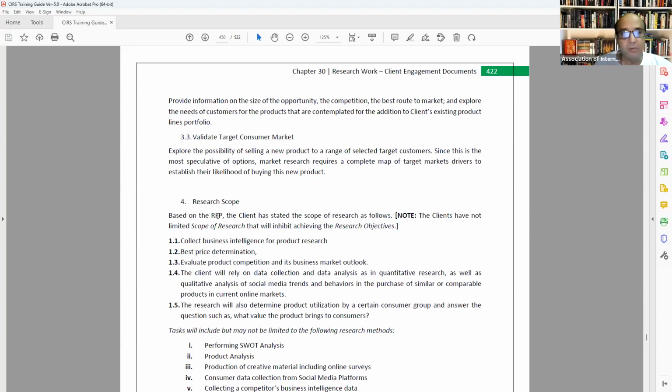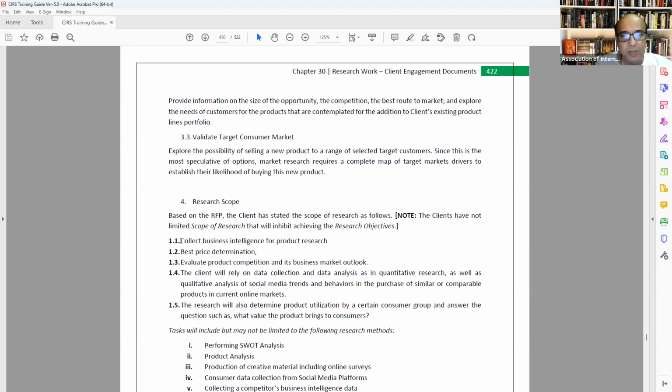Then you've got to look at the research scope. In the light of the research scope the client has defined in the RFQ, first of all, you're going to see if you can use as many of the common words that are part of the RFQ, so that it's easier for the client to understand and they can resonate with them. You don't want to make it too complicated for their understanding.